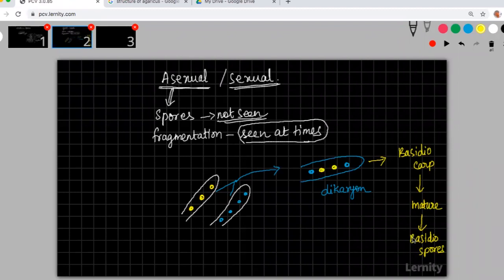Basidiospores will fuse to form the zygote. In the zygote, meiosis will happen, and from this we get haploid spores.